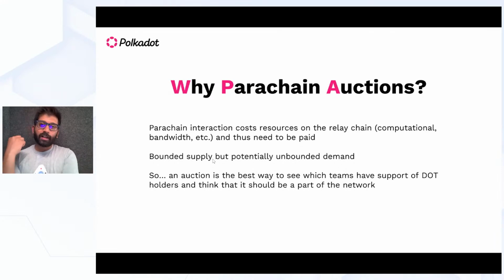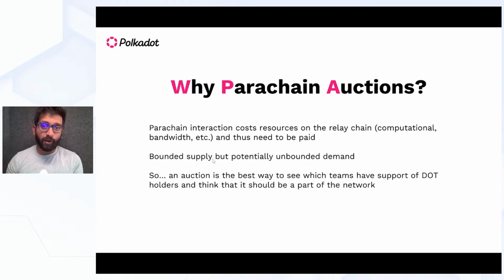So somehow we would like to ensure that the projects in the ecosystem are trustworthy, given the prevalence of the scams that are out there. So we want the projects that become parachains on Polkadot to be vetted, to be backed by a significant community, and to add value to the ecosystem as a whole.